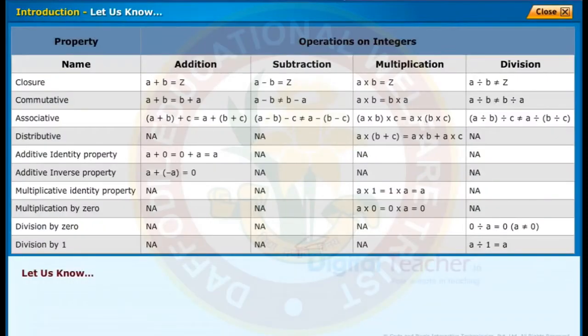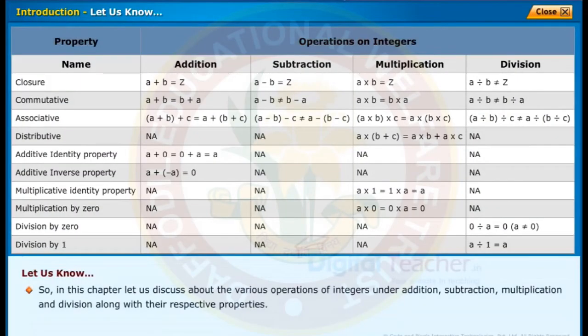Let us know. So, in this chapter, let us discuss about the various operations of integers under addition, subtraction, multiplication, and division along with their respective properties.